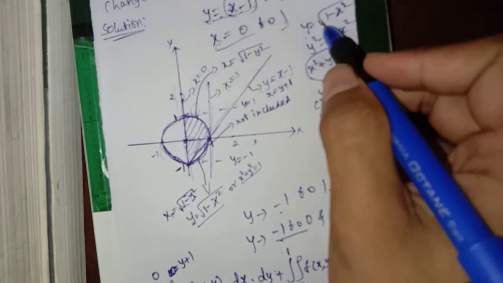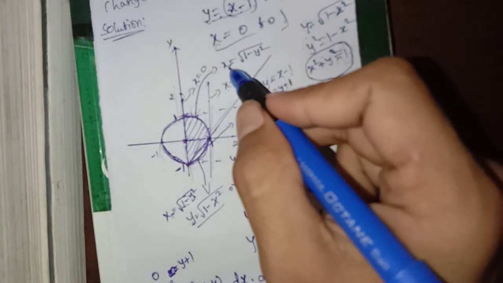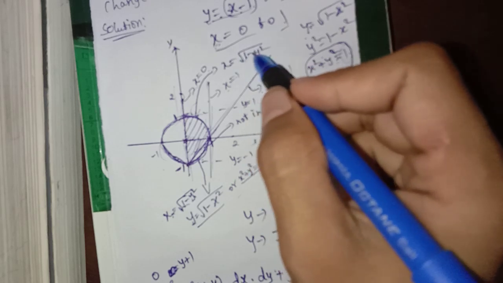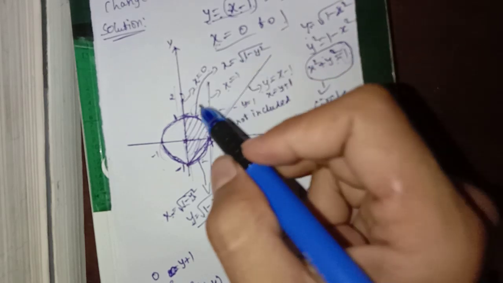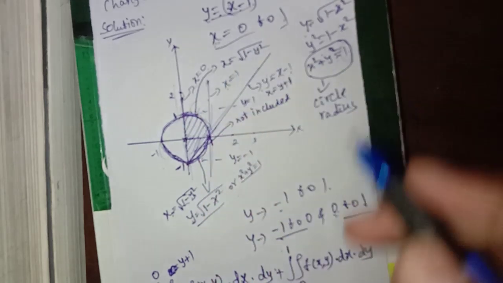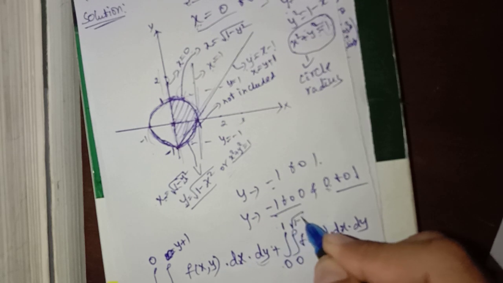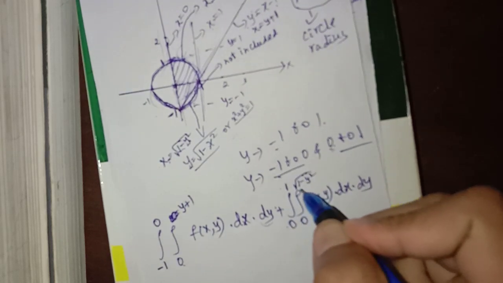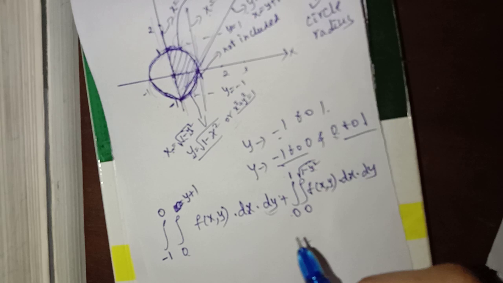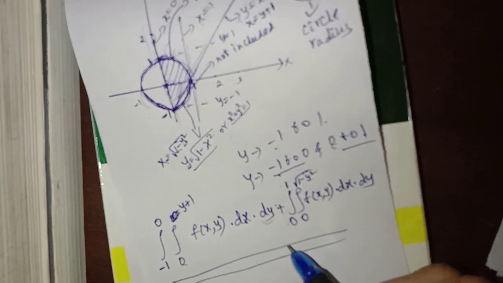Y is equal to root of 1 minus x square can be written as x is equal to root of 1 minus y square. So this is the region, x from 0 to root of 1 minus y square. So this is the required integral.